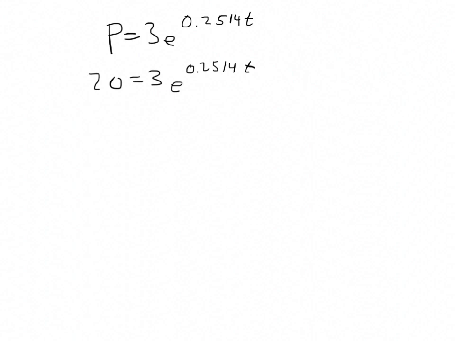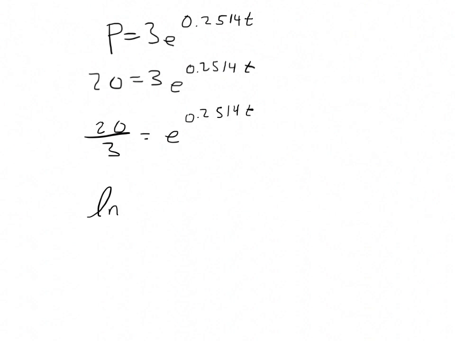Again, it's exponential, so I want to get the exponential part alone, so I'll divide by the 3. 20/3 equals e to the 0.2514t. Now, because it's exponential, I can write it as a logarithm. ln of 20 thirds is equal to the power 0.2514t. And then the last part is just dividing by this 0.2514.